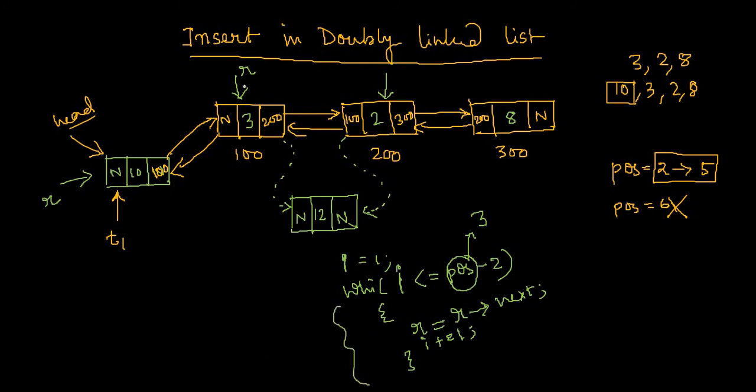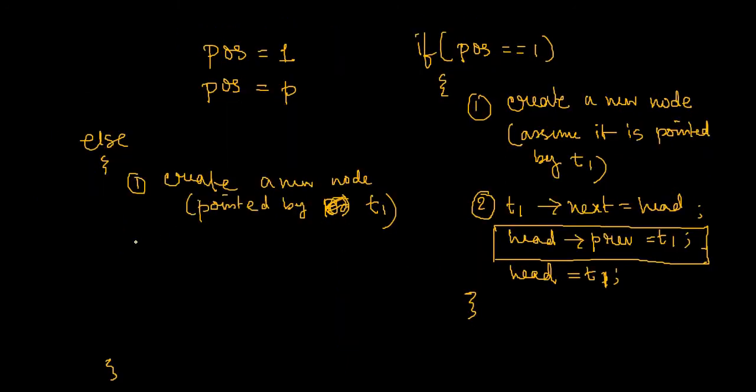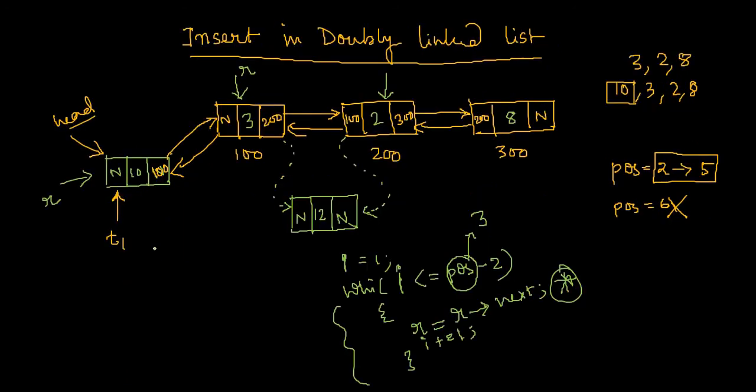And then what to do? You have pointed this node, but there is no pointer pointing here. So I need one more pointer. Somehow I have to implement this particular logic that I have written over here, in step 2. We need one more pointer that will point this node.